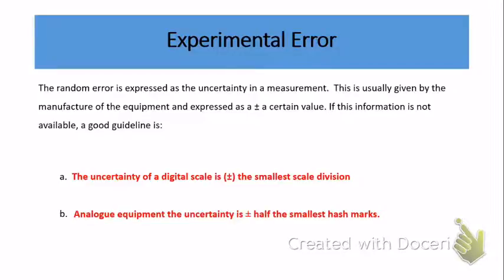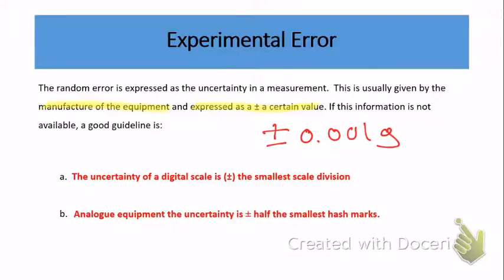The bottom line is that if you have a digital instrument, usually the manufacturer of that equipment is going to actually tell you what the random error is, and it's going to be expressed as a plus or minus value. So you might have a balance and that's digital, and the manufacturer will tell us that the random error is going to be plus or minus 0.001 grams or something along those lines.